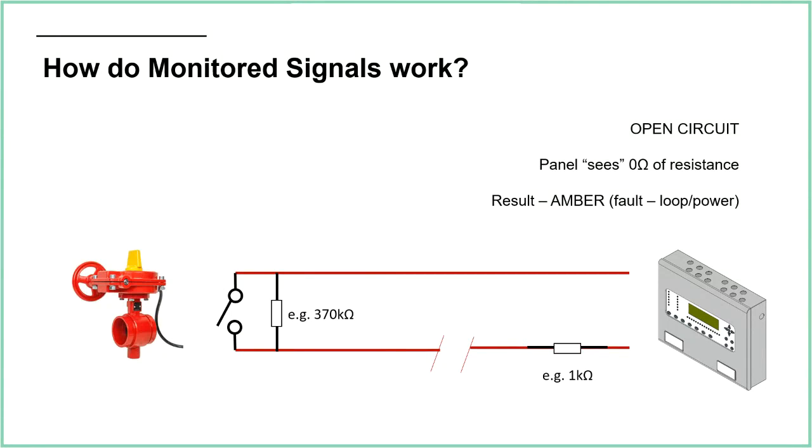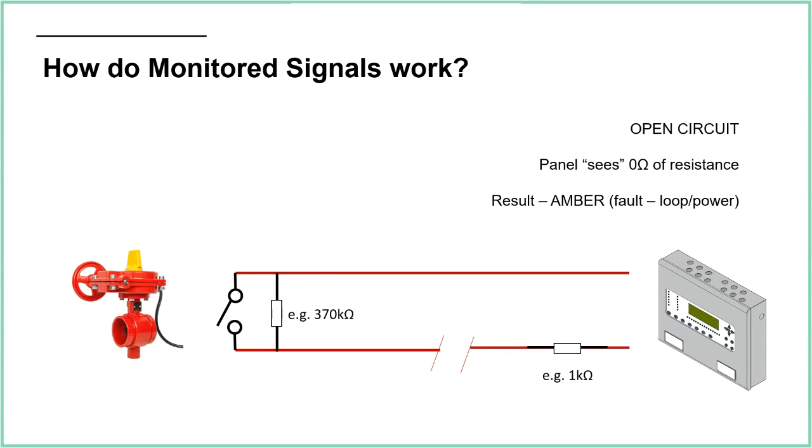When the circuit is broken, so we actually get a broken cable here, then of course there's no resistance at all. So the panel will just register 0 ohms of resistance, and we get another amber result. It could be a loop or power fault, if the item is powered.